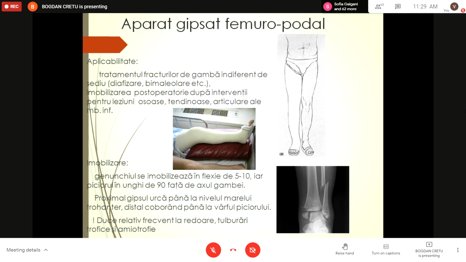We use a splint, because the lower limb has a tendency to swell, and at first we use a splint for immobilization, for, I don't know, 14 days, let's say. After 2 weeks we replace it with a cast. Be careful, the knee has always to be in 5 to 10 degrees of flexion, and the leg should be at 90 degrees regarding the axis of the calf.